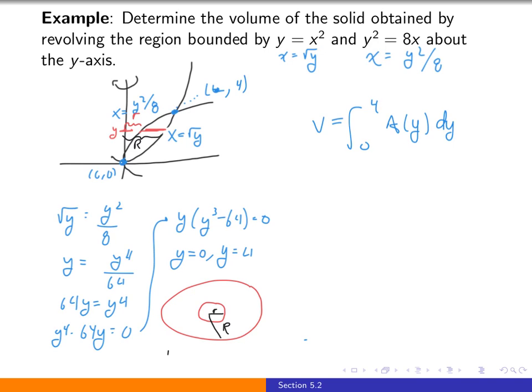So the larger radius in this case is square root of y, and the smaller radius, little r, is y squared over 8.